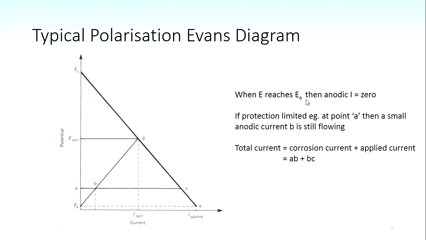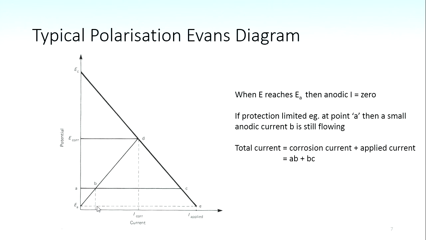So this is your cathodic protection current, and this is your corrosion current. Okay? And so you've got a balance between those two currents and how far you drive the system down.